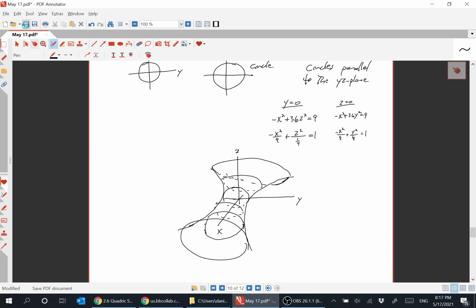Now, remember, it doesn't matter if these cross sections are circles or ellipses, because when you tilt a circle sideways, what does it look like? When you look at a circle head on and tilt it in whatever direction, it becomes elliptical looking. If I tilted it along this vertical axis, then what I see is an ellipse.